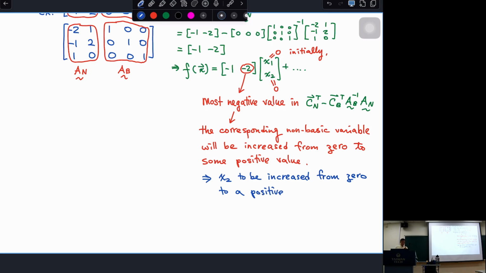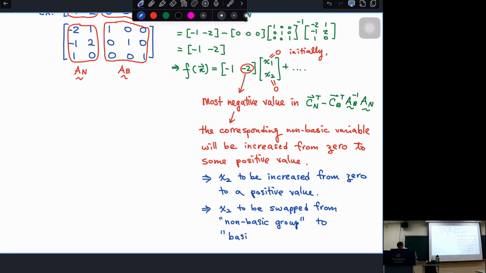Okay? So in LP, if a variable is positive, not 0, it's actually basic. So this implies x2 to be swapped from the non-basic group to the basic group.